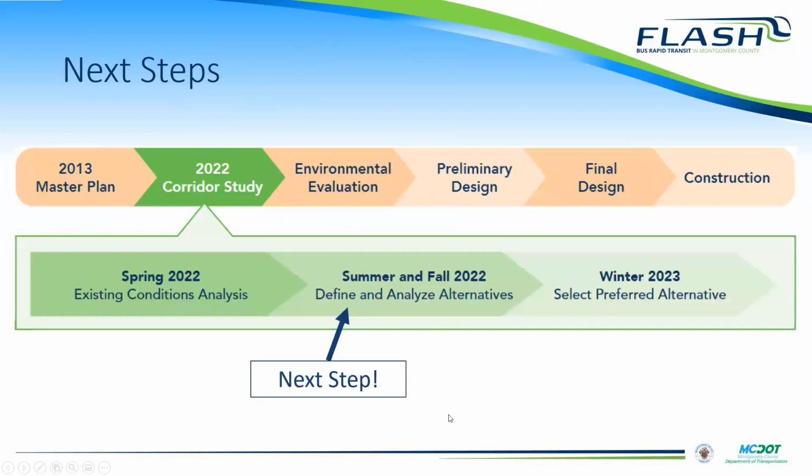I can share. The short answer is, don't hold me to any of this, but just looking at the overall life cycle of getting from this planning effort, which will take us through a little bit before this time next year, then we go into environmental and preliminary design, which generally will take a couple of years, and then final design, another year or two before we can get to construction.